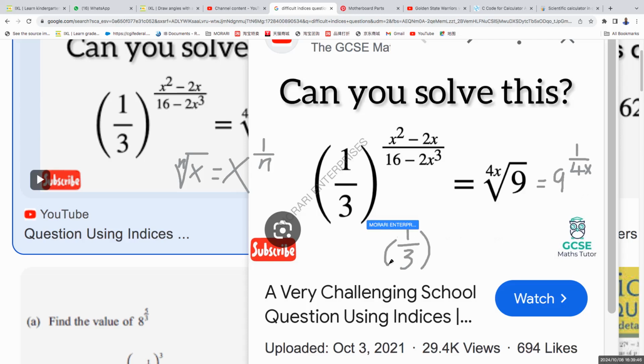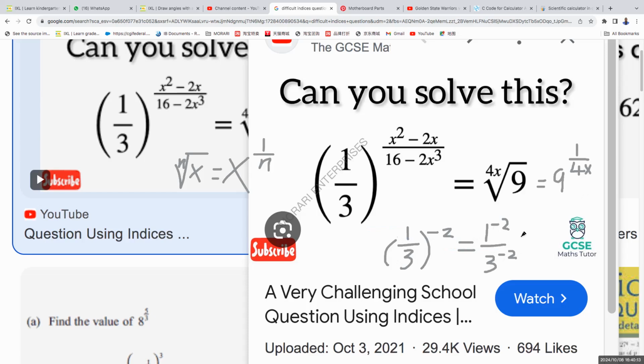Let's put 1/3 to the power -2. What does it mean to have 1/3 to the power -2? It means that 1 will be to the power -2, and 3 will also be to the power -2.